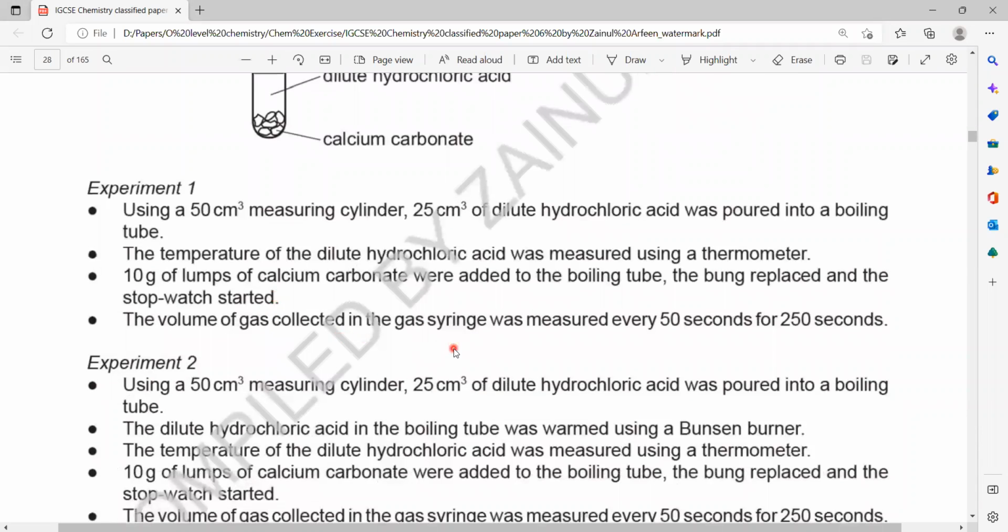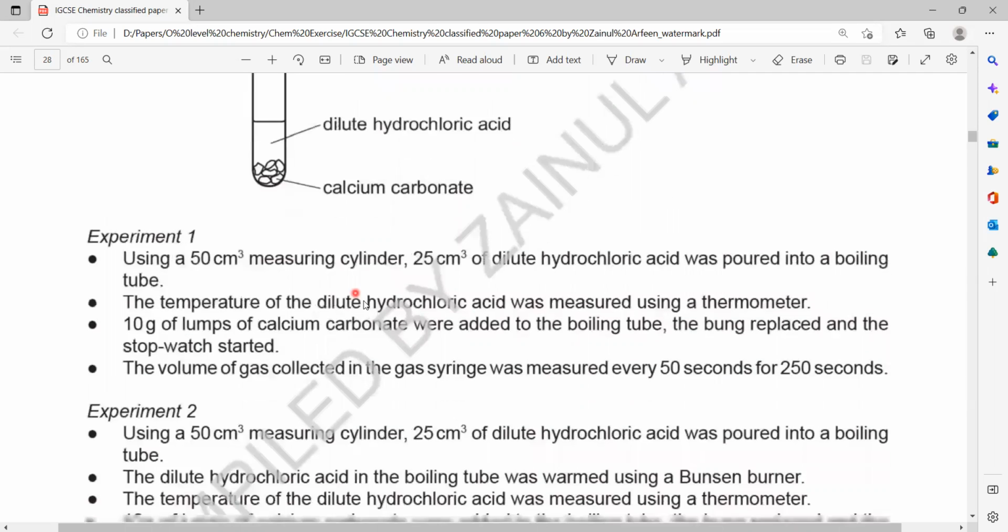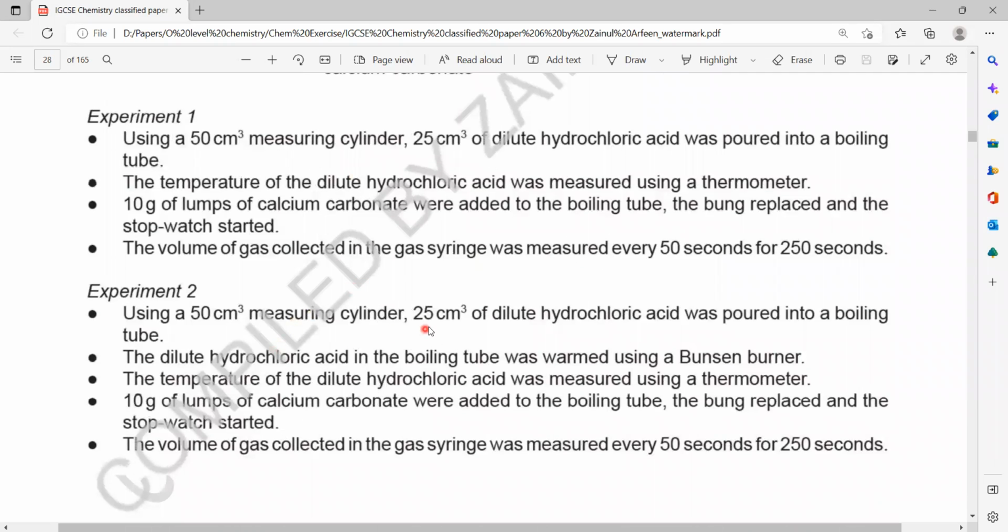The volume of the gas in the gas syringe was measured every 50 seconds for 250 seconds. After every 50 seconds, we record the volume of gas given off. Then in experiment 2, we used the same measuring cylinder and 25 cm cube of hydrochloric acid. But this time the dilute hydrochloric acid in the boiling tube was warmed.